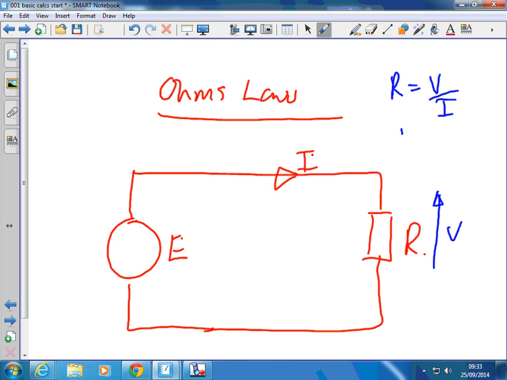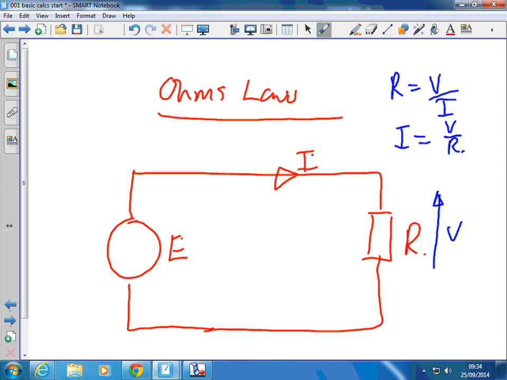So changing that around, I is V over R. There will be no triangles at level 5, right? You can use them if you want to remember it, but I won't be putting them on the board. So that's Ohm's law, and it applies to any circuit.